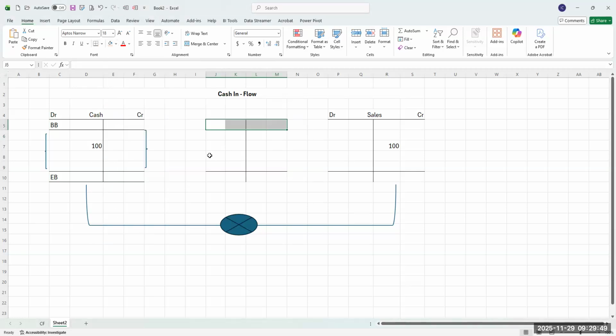What account will we have in the middle, which also is going to have a debit and credit, a beginning balance and ending balance? How is that account called? Do you know? That's your accounts receivable.